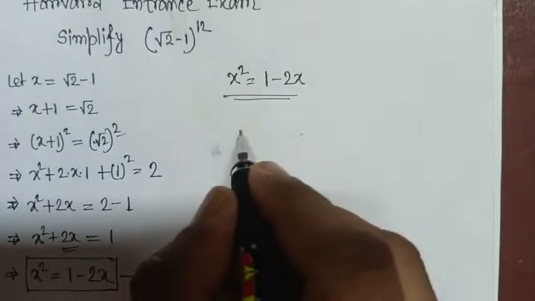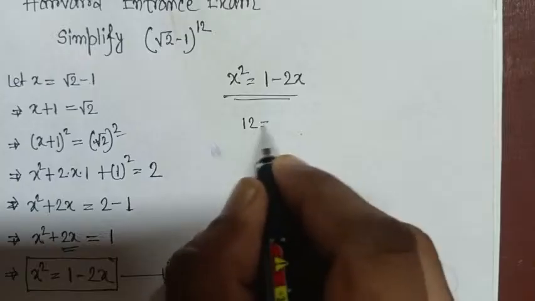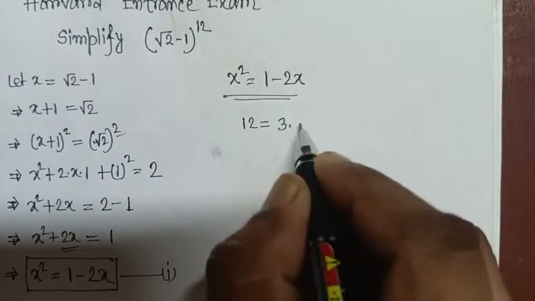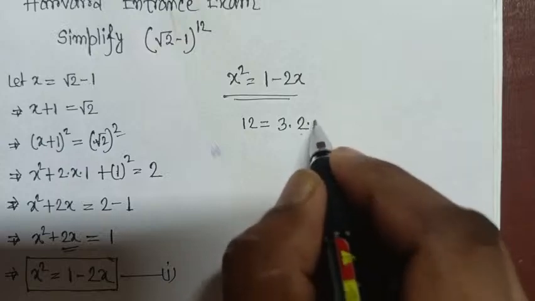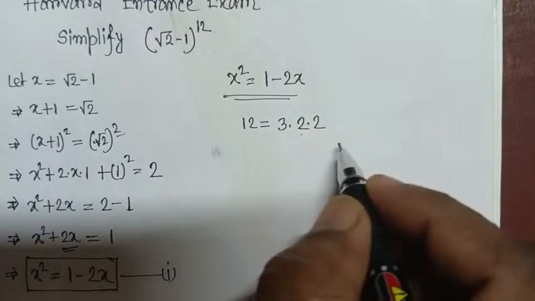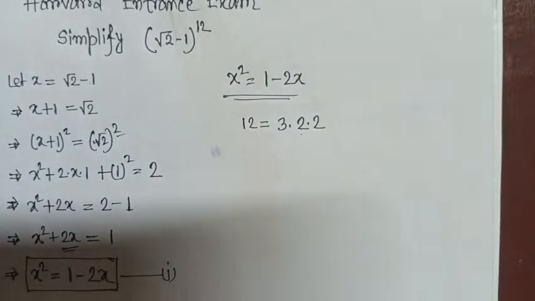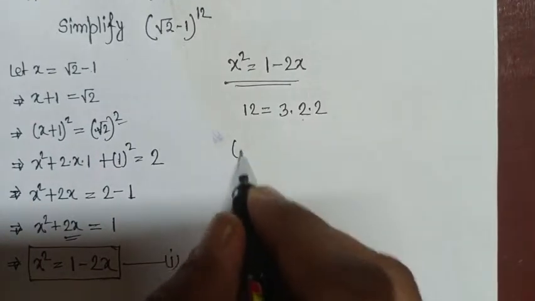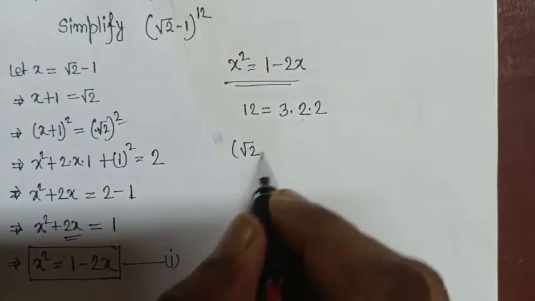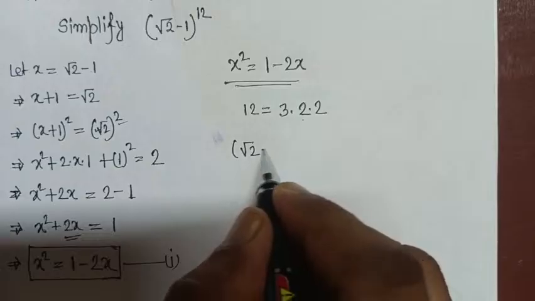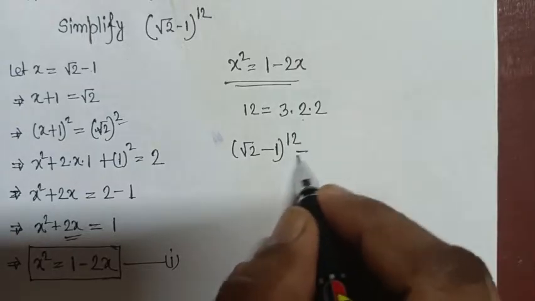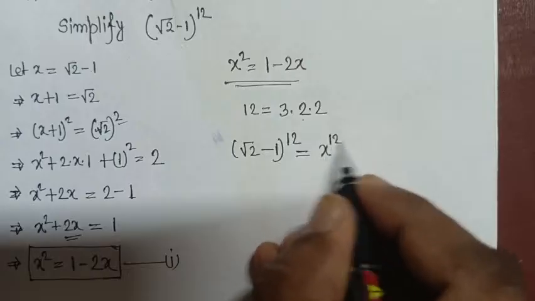And we can write 12 as 3 multiplied by 2 multiplied by 2. So we can write root 2 minus 1 to the power 12 is equal to x to the power 12.